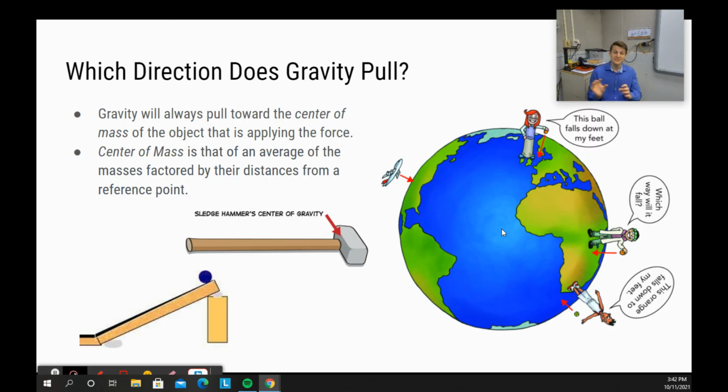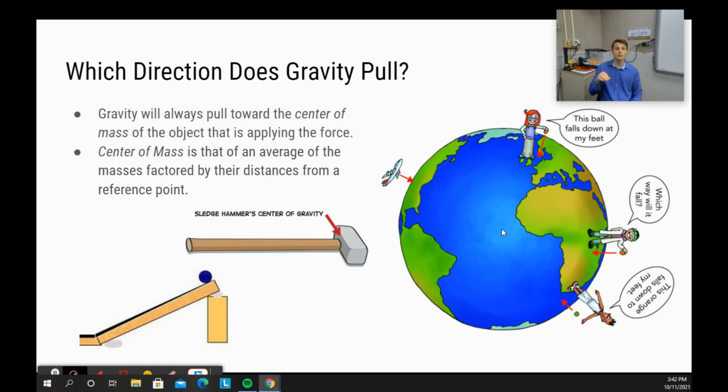If there's differences in densities, you take the overall mass, and then you have to calculate the distances across those masses to find the center of mass, and it's factored by the distances from a reference point. So in the case of a hammer, the center of mass is not in the center. The center of mass is actually up by the mallet part of the hammer.